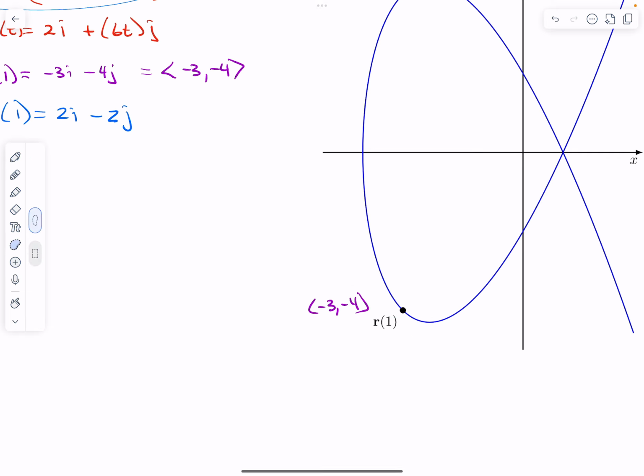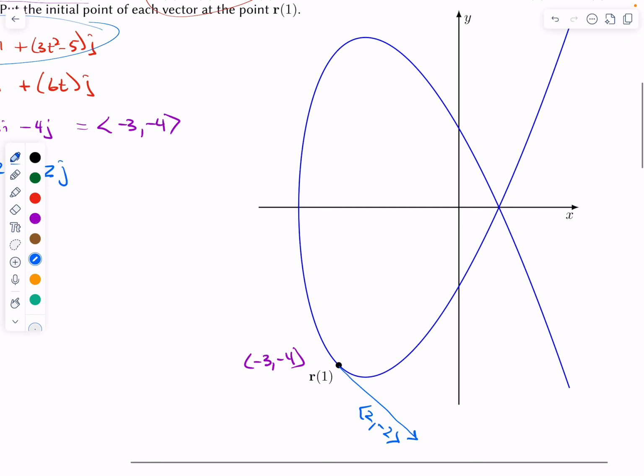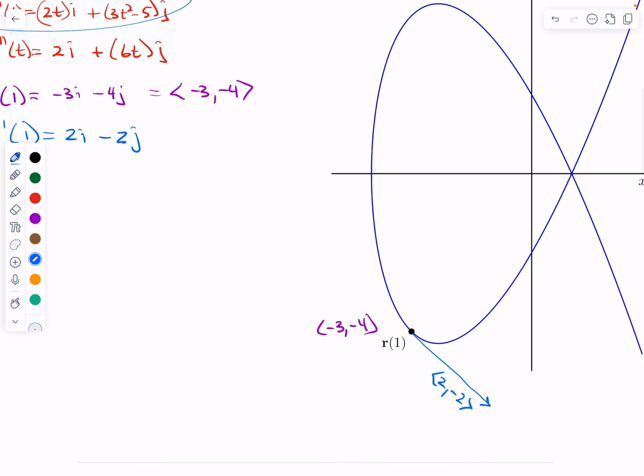Maybe I'll put it right there. Okay, so to the right 2, down 2, it's going to be something like this. But the important thing is that this vector, over 2, down 2, points in the same direction as the curve. So that's kind of cool.